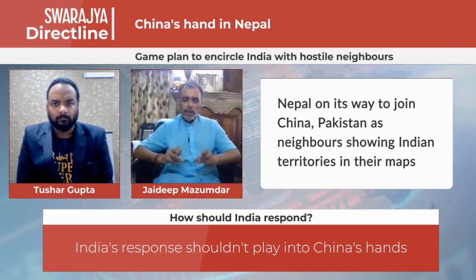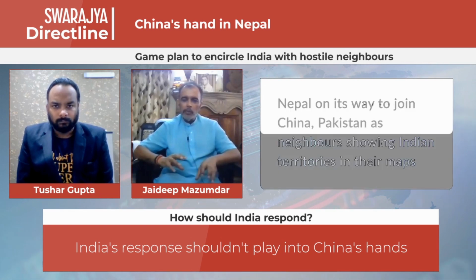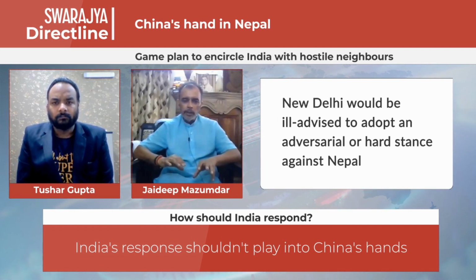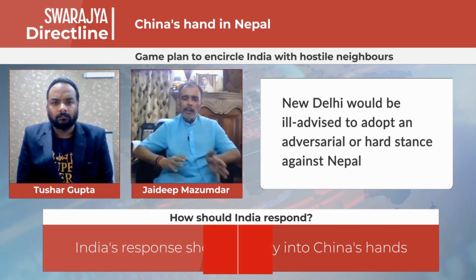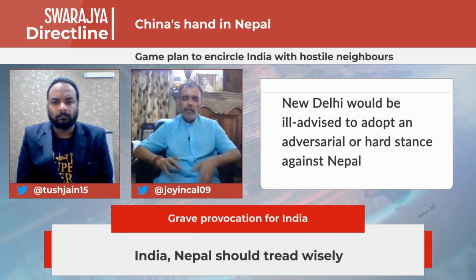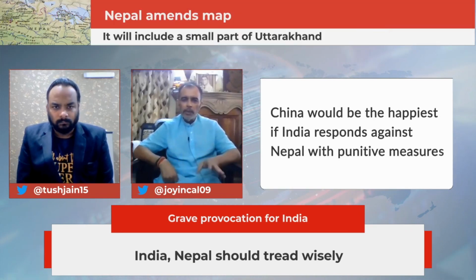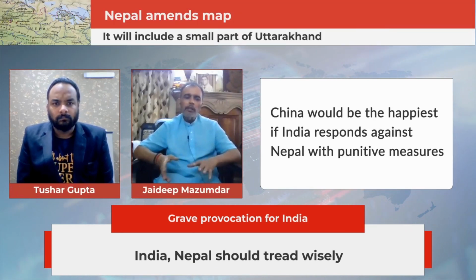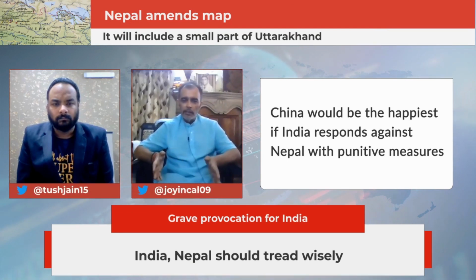Now, these three areas make up about 335 square kilometers. Nepal has been laying claim to this area for the last few years or so. They say that these areas have always been under Nepal.